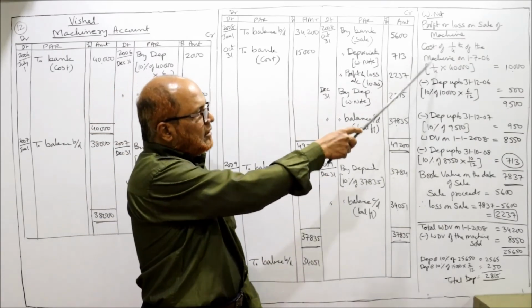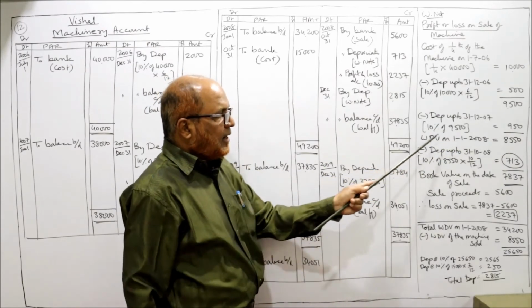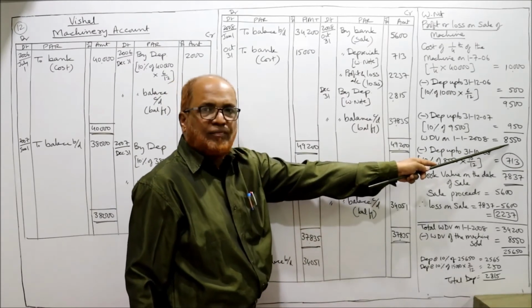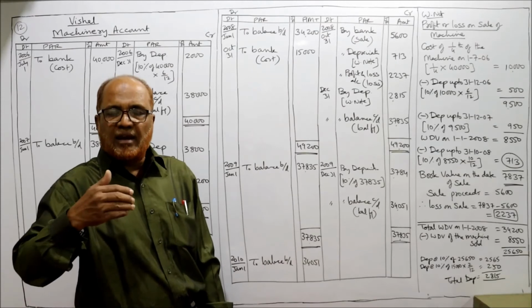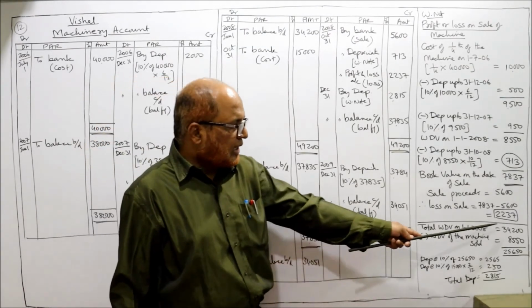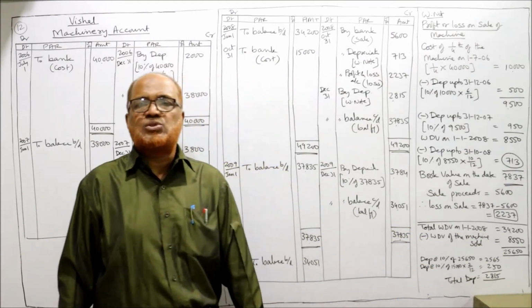WDV on 1st January 2008 is 8,550. So subtract 8,550; we are removing the WDV of the machine which was sold away. 34,200 minus 8,550 is 25,650.